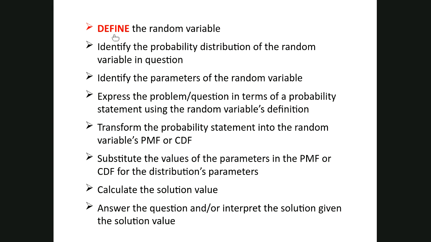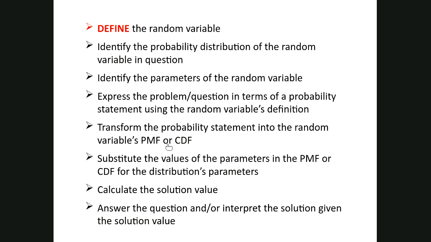We're going to identify the probability distribution, identify the parameters of the random variable, and again, in this case, the mean and standard deviation. We're going to express the problem in terms of a probability statement, and then we're going to transform the probability statement into that probability mass function, or a cumulative distribution function.